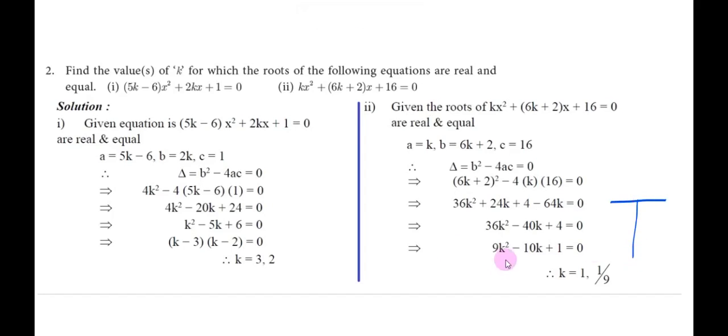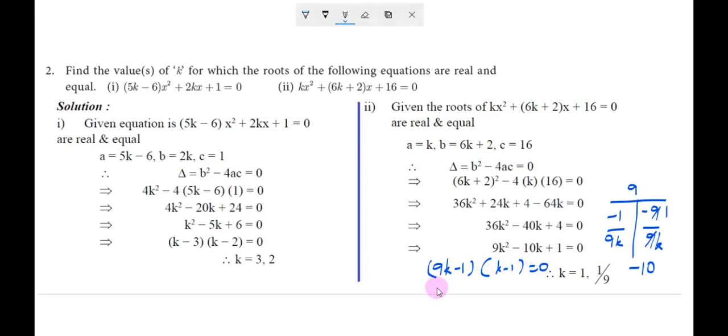Okay, now apply T method. Multiply means we need 9, add means we need minus 10, so minus 1 into minus 9, minus minus plus, and 1 into 9, 9, add means we will get 10, so by 9k by 9k, so cancel, so 9k minus 1, k minus 1 equal to 0.